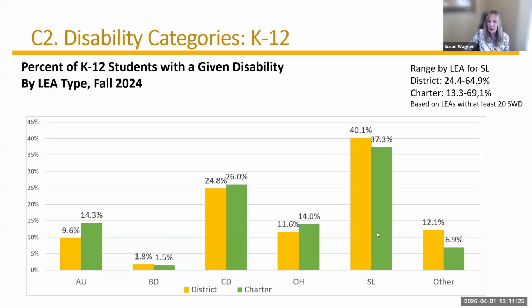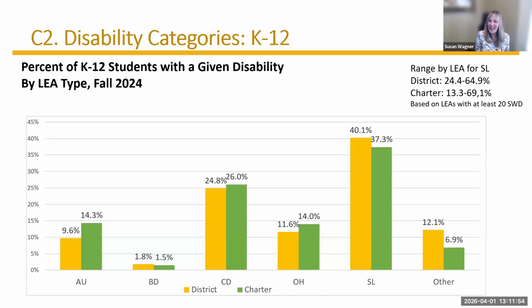And then in terms of SLD, students with disabilities are more likely to be identified with an SLD in districts than in charters. If we look at the range for just the SLD category, what this shows is for districts, it ranges from 24.4% to 64.9%. Charters 13.3 to 69.1. These are huge ranges, which are real interesting.